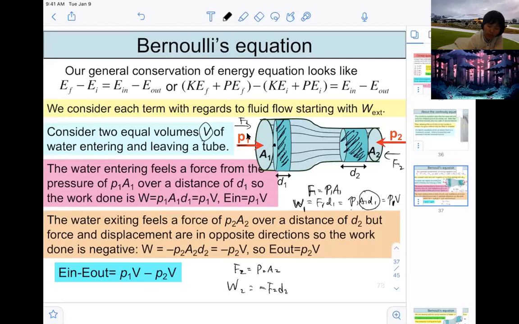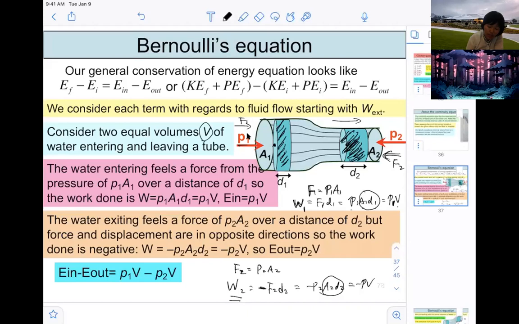A1 D1 is the volume of the water, V. The work done by F2 is negative because the water is flowing from left to right. The displacement of this water is to the right, but the force is pushing from the right-hand side, which is negative. So it gives you a negative work, negative P2 A2 D2, and this is also P2 V.